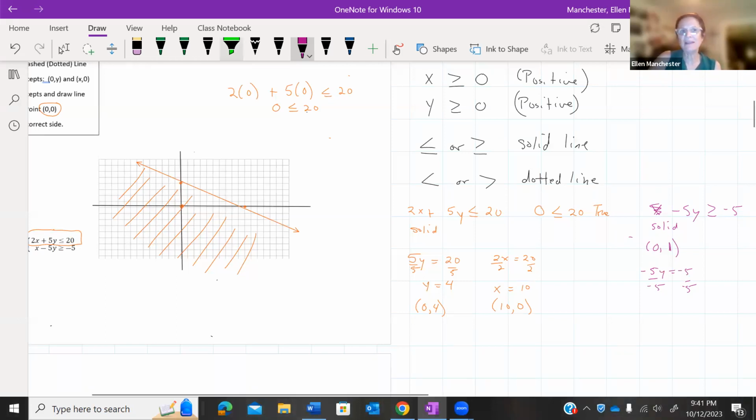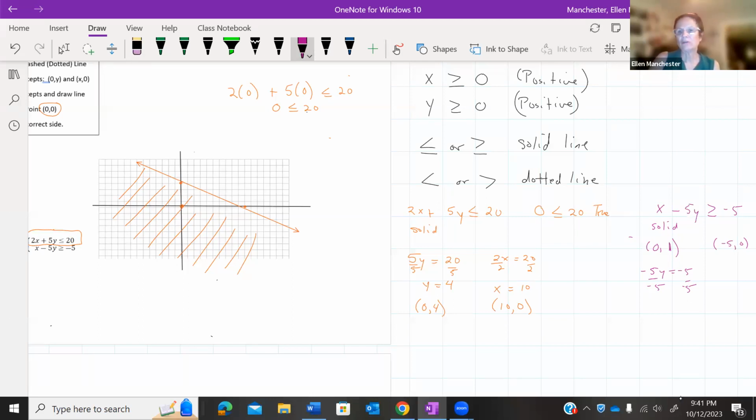You should be able to see it. You should be able to just look at it and go, okay, I can get my intercepts really fast. All right. And then this one, when I cover up the Y, I have X equals negative 5. So my x-intercept is negative 5. Okay. And again, there's nothing to solve on that part because the X is all by itself.